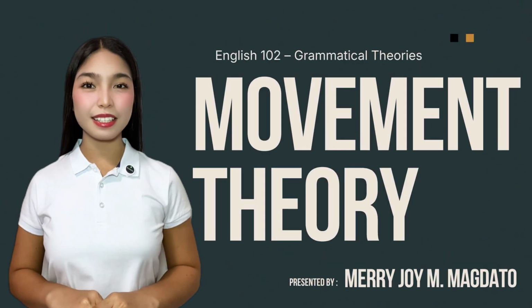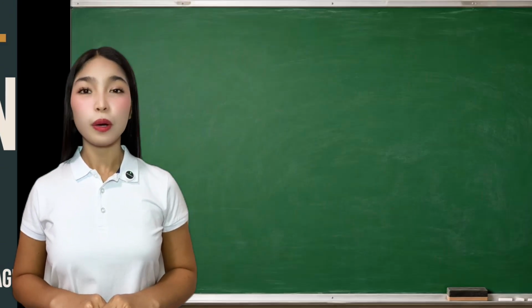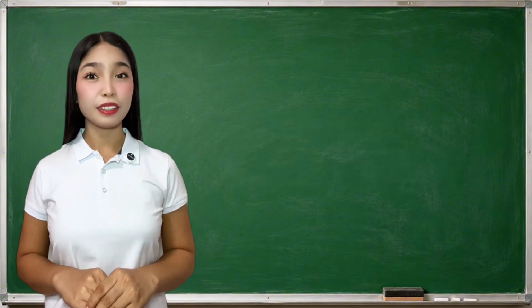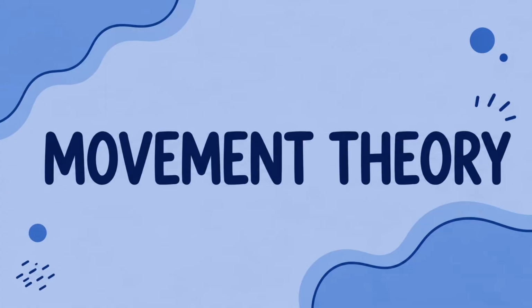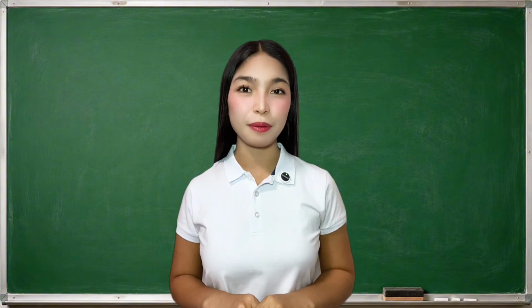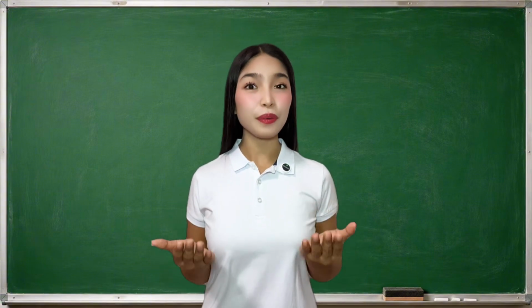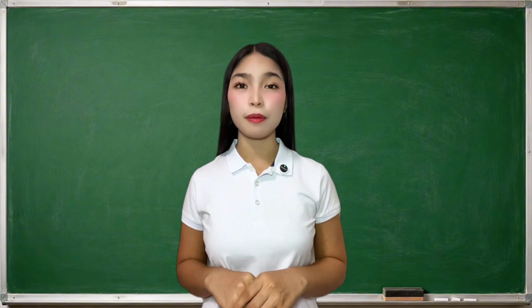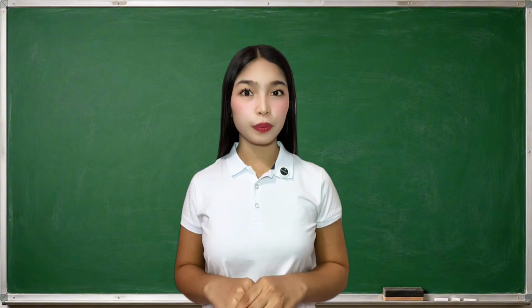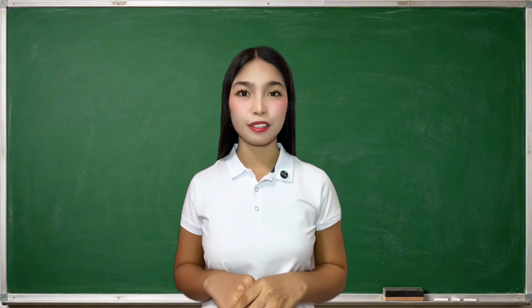So, for today's discussion, I will be discussing one of the grammatical theories under generative grammar developed by Noam Chomsky, which is the movement theory, while the minimalist program will be discussed by my partner. Do you know that before Chomsky developed the minimalist program, he introduced several theories explaining how sentences are formed?